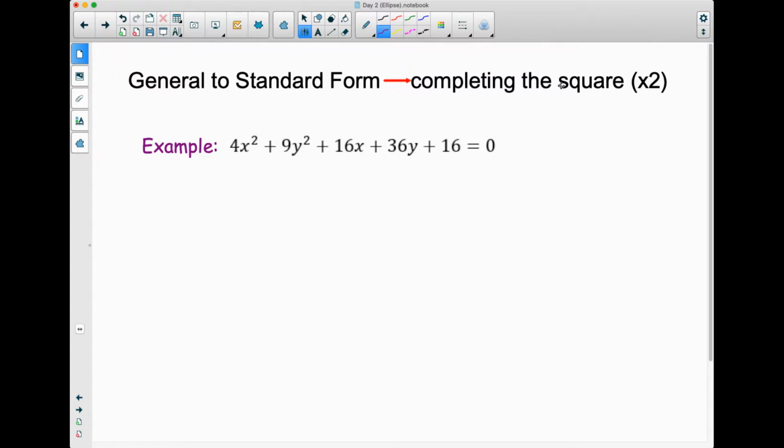If you can look back on your notes from the other day, look at the difference between the general equation here versus the general equation with the circle. What do you notice is the big difference?